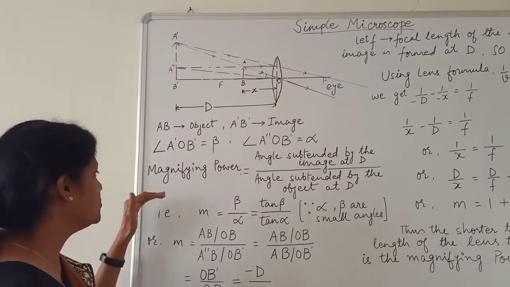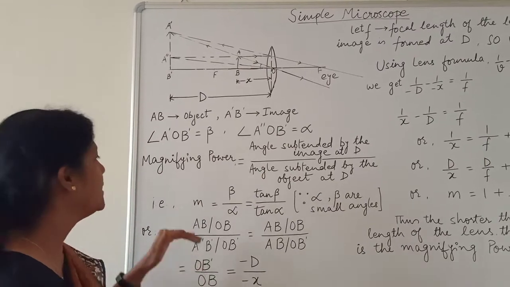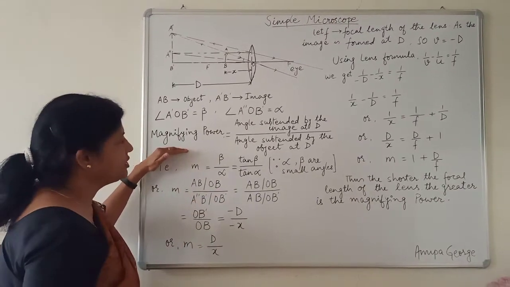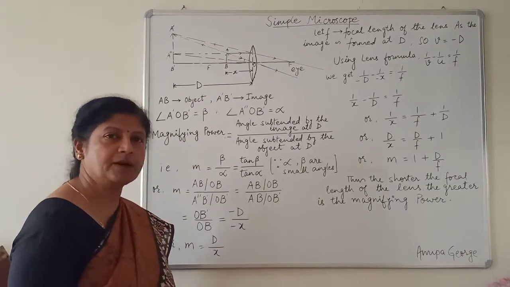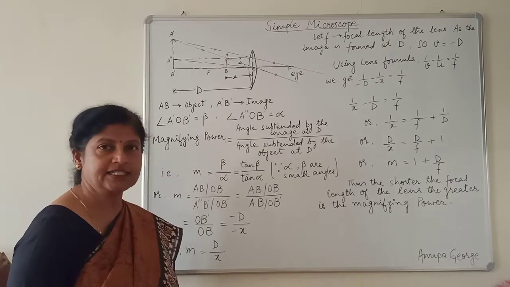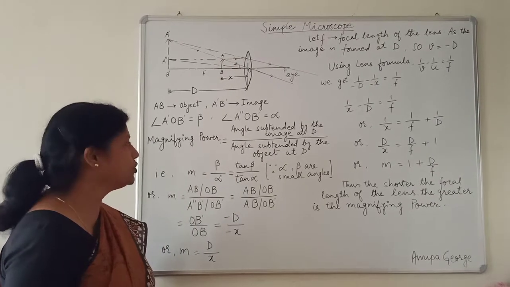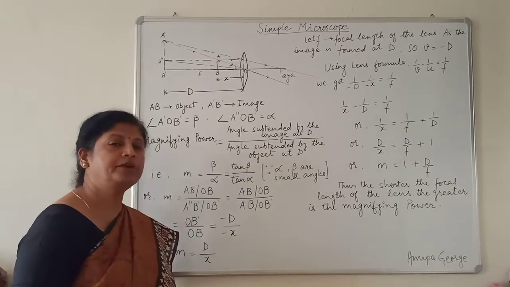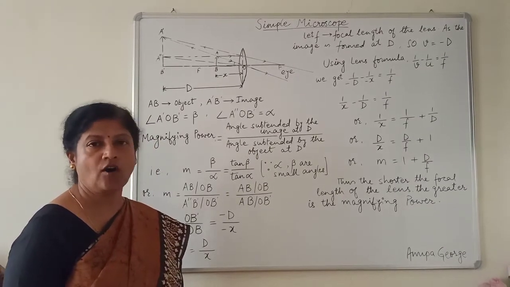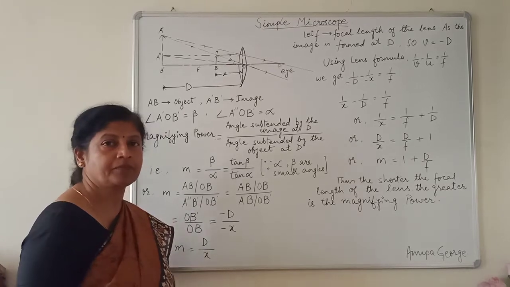We can calculate magnifying power. We know that magnifying power is the ratio of the angle subtended by the image at the least distance of distinct vision to the angle subtended by the object at the least distance of distinct vision.